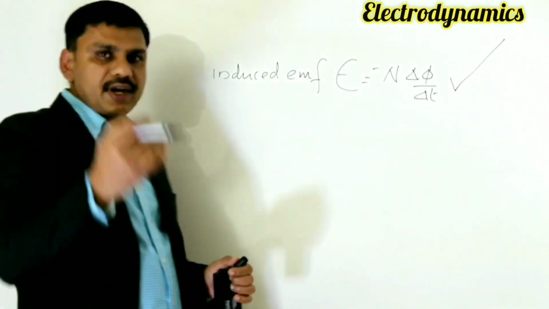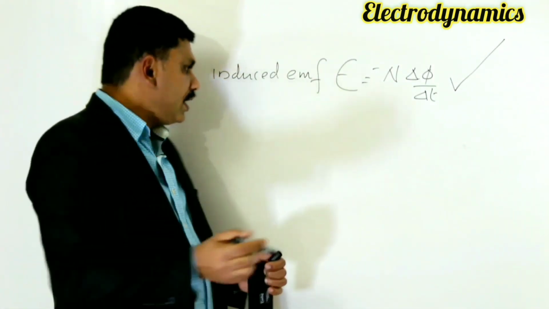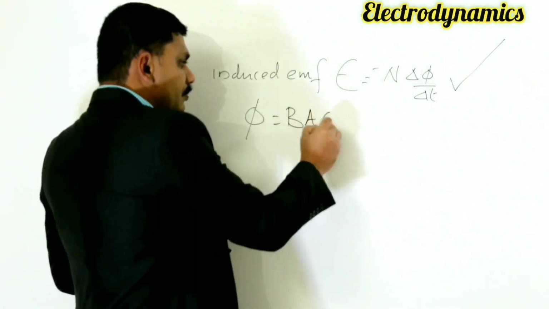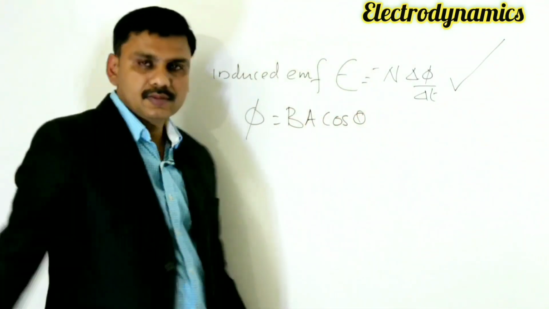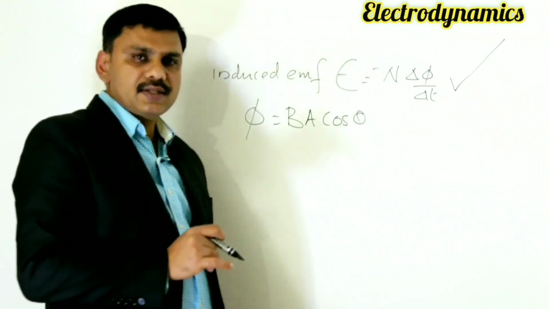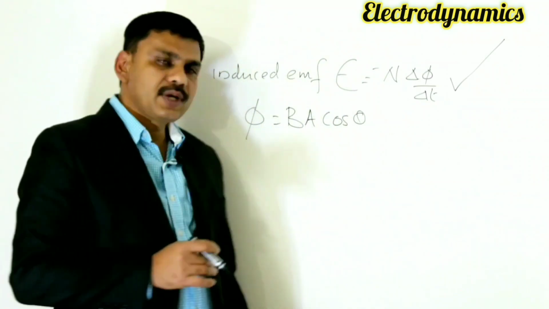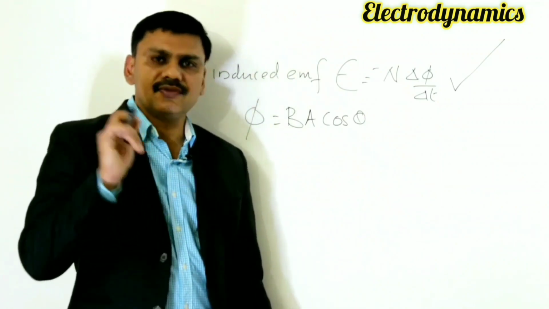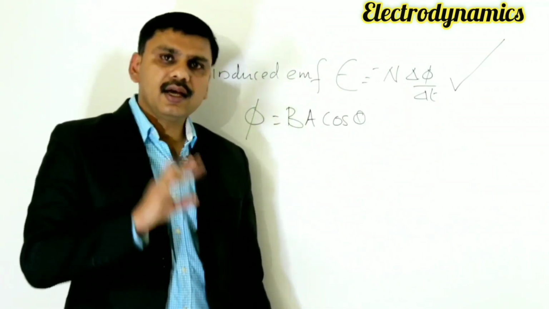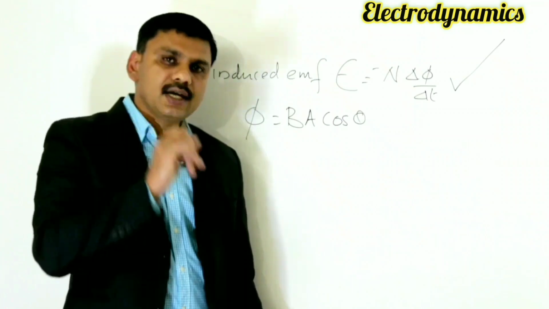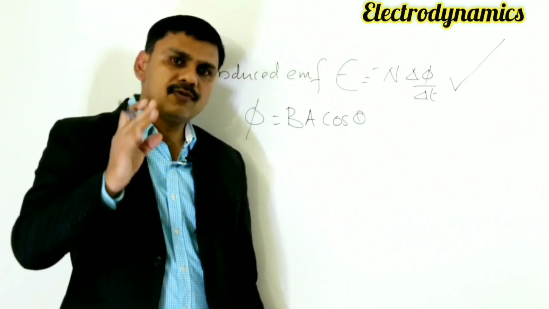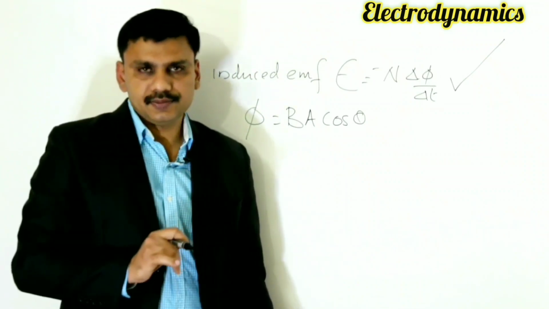N is the number of turns, phi is the magnetic flux, phi equal to BA cos theta. What is B? Magnetic field. What is A? Area of the coil. What is theta? The angle between the normal of the coil and the magnetic field.